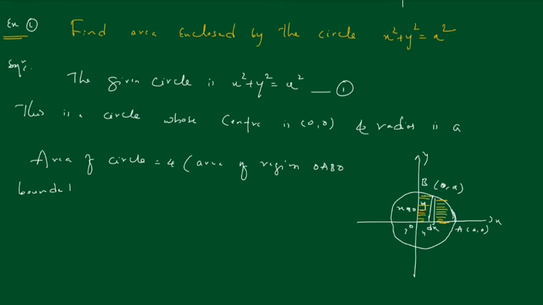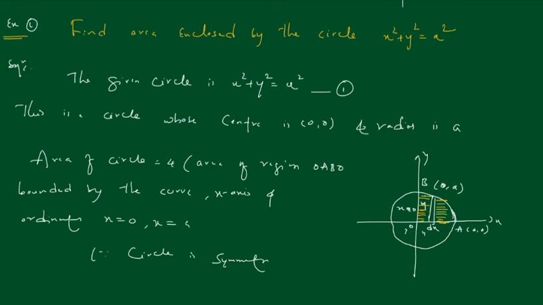Bounded by the curve, the x-axis, and the ordinates x equals 0 and x equals a, because the circle is symmetrical about both the axes.